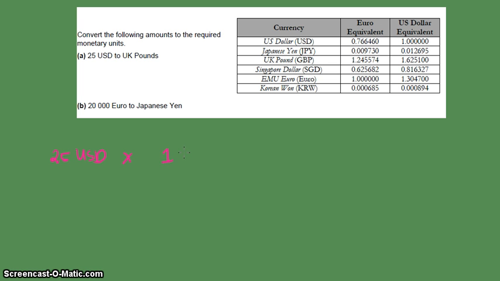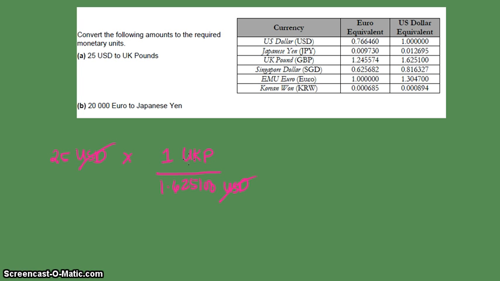The conversion factor is: 1 UK pound is equivalent to how many US dollars? 1 UK pound is 1.625100 US dollars. You can see here, you can cancel the US dollars.